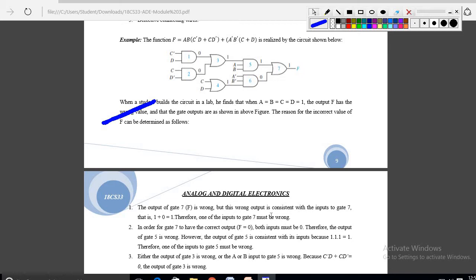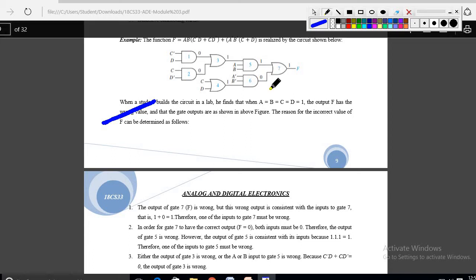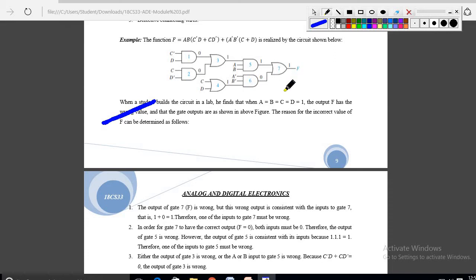Therefore one of the inputs to gate 7 must be wrong, because the 1 and 0 we are providing to this OR gate might be correct. If the inputs of the OR gate are 1 and 0, the output is always 1. So the output here is consistent, but one of the inputs we are providing may be wrong, right? So we have to trace back from that.